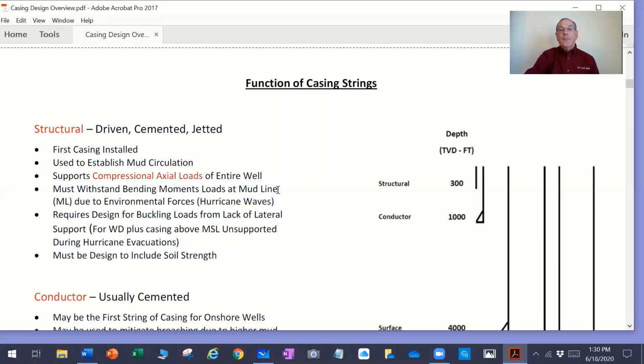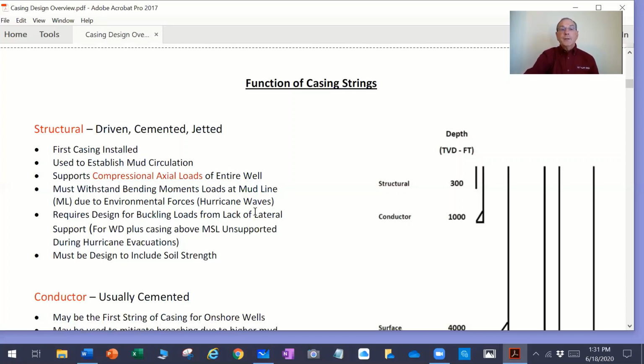So you actually have unsupported casing of that 150 feet of water depth plus whatever amount of the structural pipe is above sea level that is going to be exposed to the hurricane wave conditions, and we have to design that to be able to take that bending moment from a wave hitting that freestanding pipe.